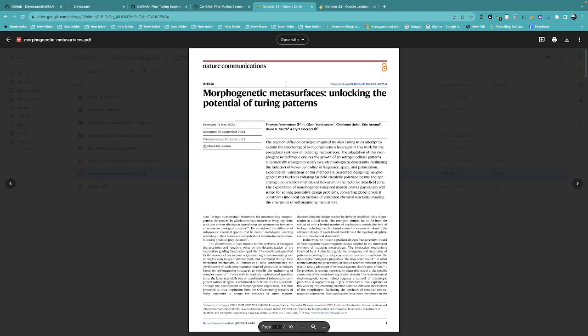And this paper, Nature Communications, this is from this year, Morphogenetic Metasurfaces: Unlocking the Potential of Turing Patterns. So we revisit the reaction diffusion principles of Turing patterns to talk about creating these metasurfaces, patterning surfaces in different ways that leverage this morphogenetic aspect.